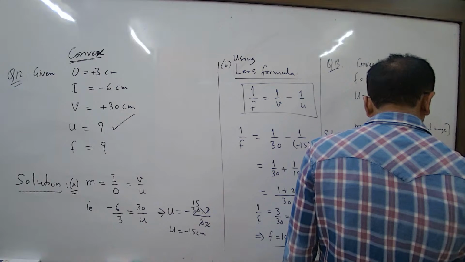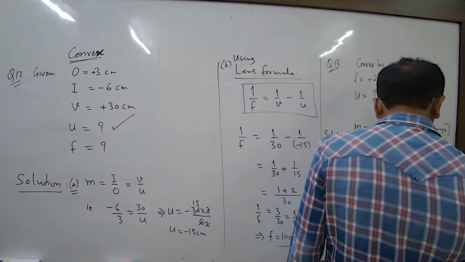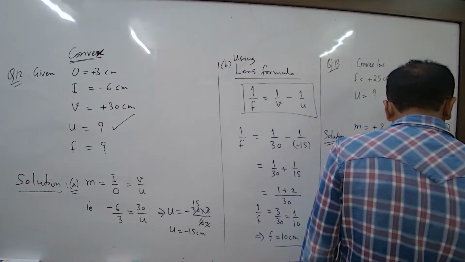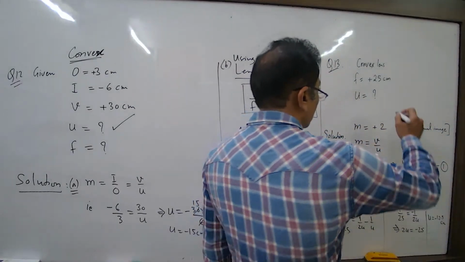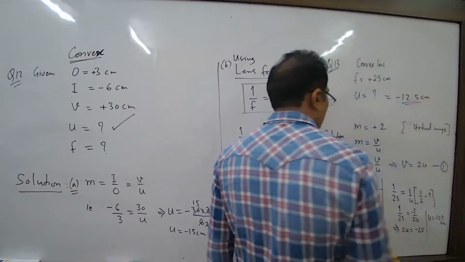This means 2U is minus 25, so U is equal to minus 12.5. So this is the answer: minus 12.5 centimeter, which should be correct.